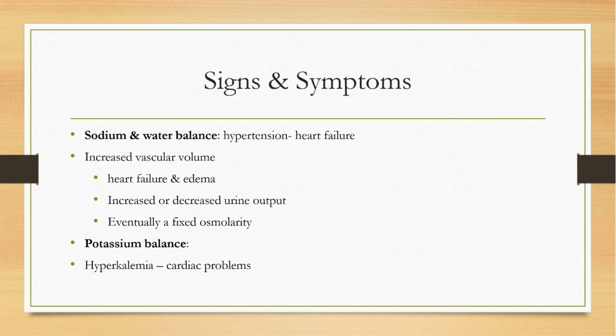So what we have here is kind of a round robin where, like we said, many of these people have hypertension, and then as the kidneys decline and we have an issue with sodium retention and water retention, that would lead to worsening hypertension. So if you happen to have a patient who did not have hypertension prior to having chronic kidney disease, they will develop hypertension as they hold on to sodium and water.